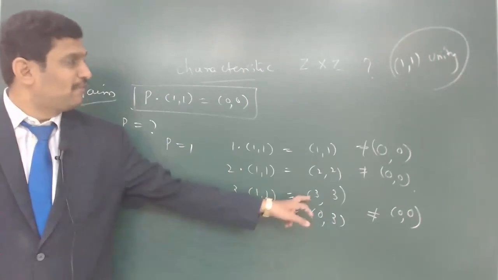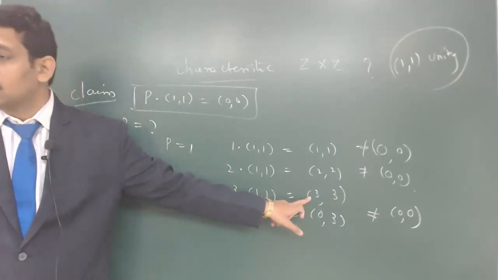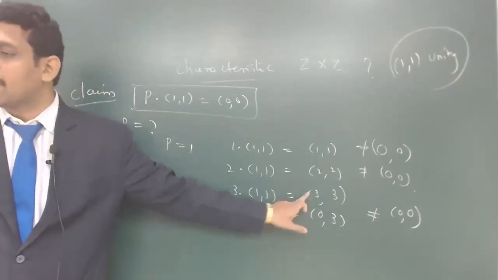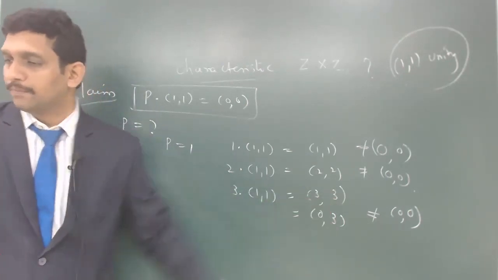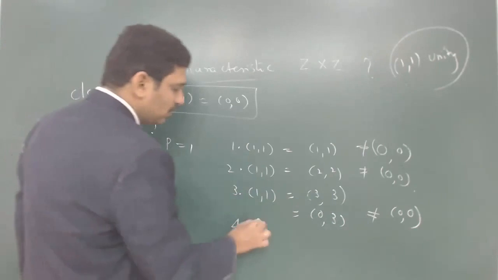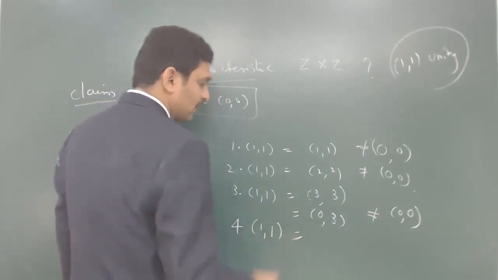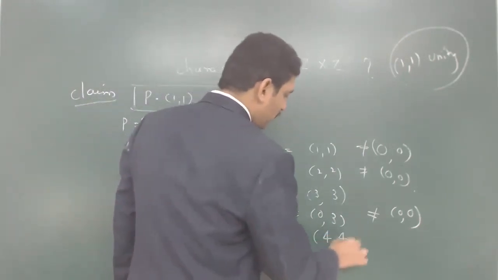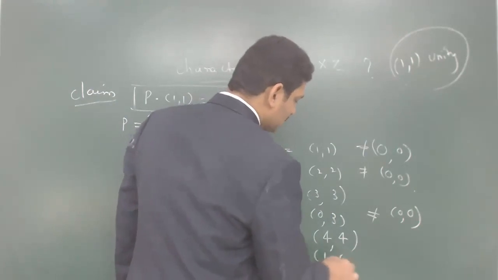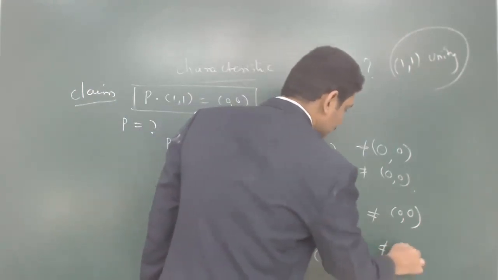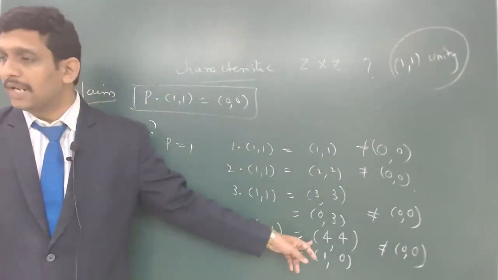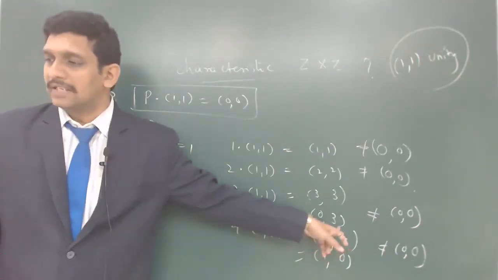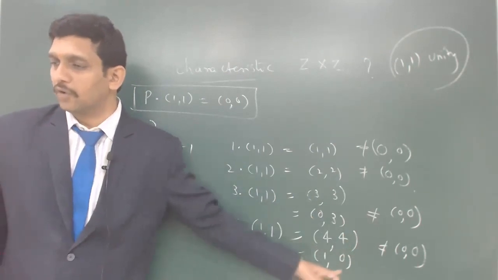Because on the first element we take multiplication modulo 3, and on the second element modulo 4. If you multiply with 4, it will be (4, 4), nothing but (1, 0).